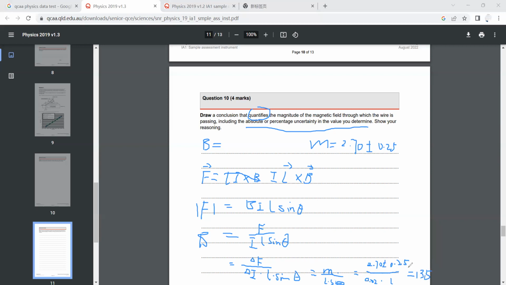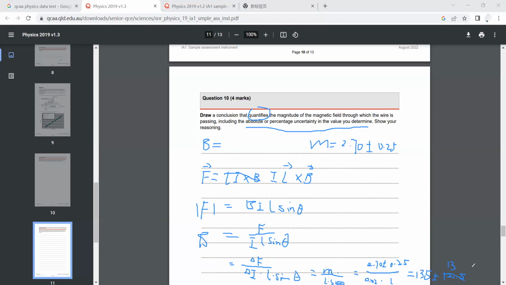And 0.25 times 50: 0.25 is a quarter, and a quarter times 50 equals 50 divided by 4. 40 divided by 4 is 10, and 10 divided by 4 is 2.5, so it's 12.5. If we round it, we come back to 13.